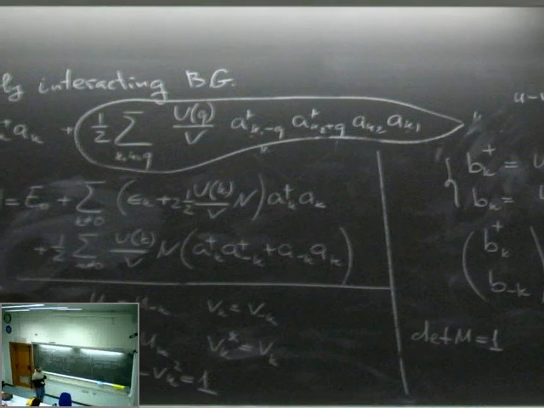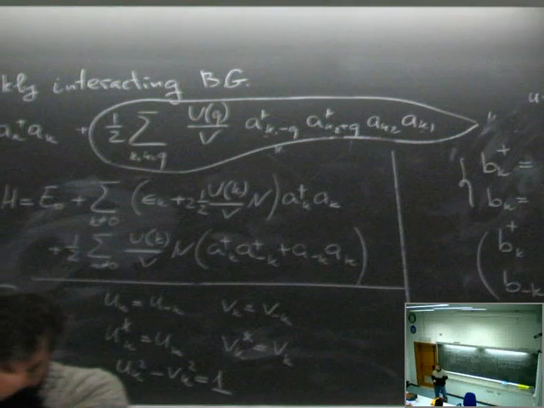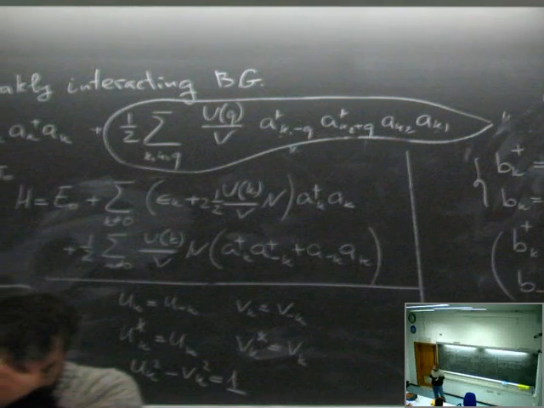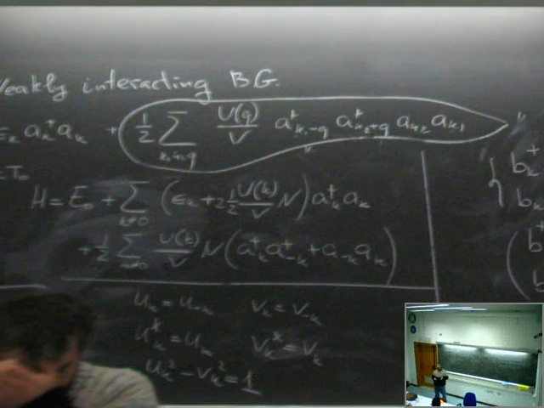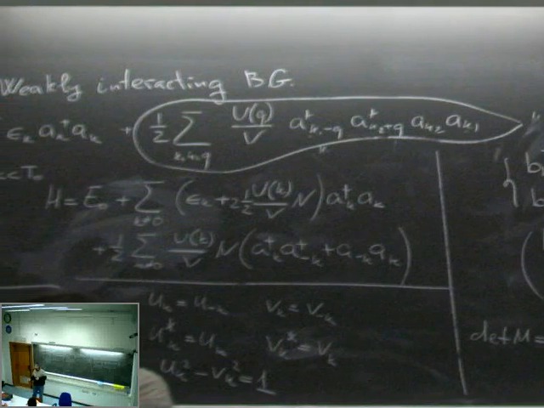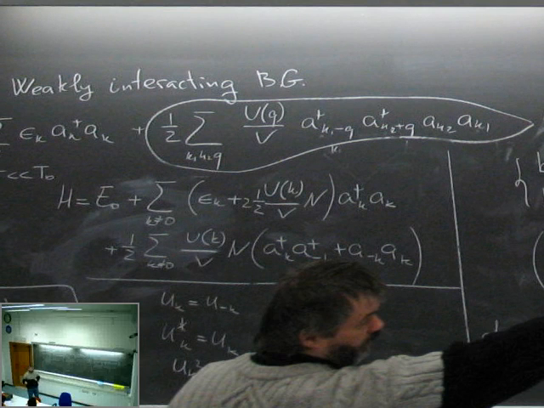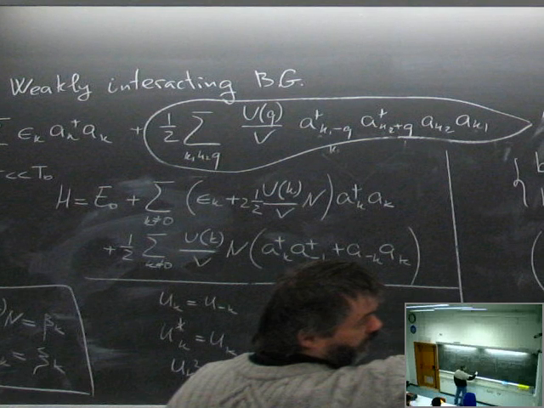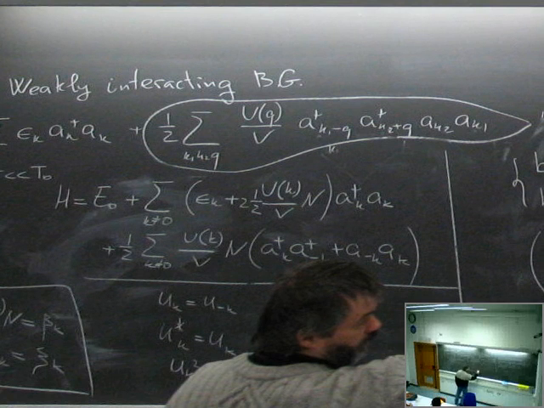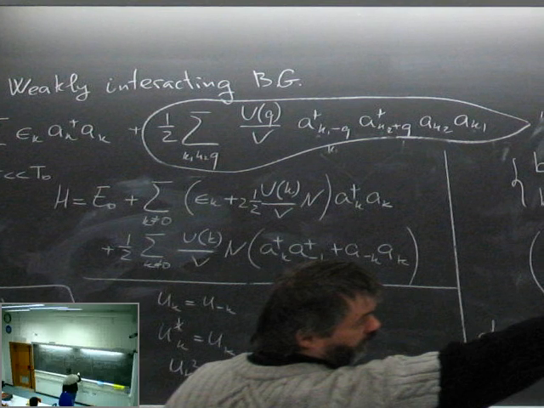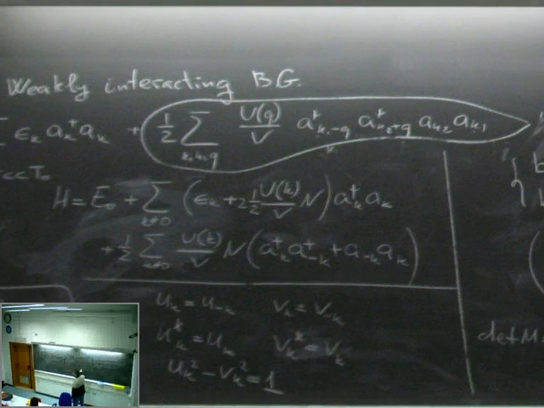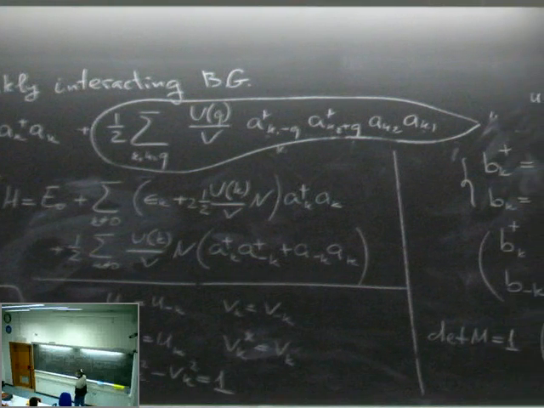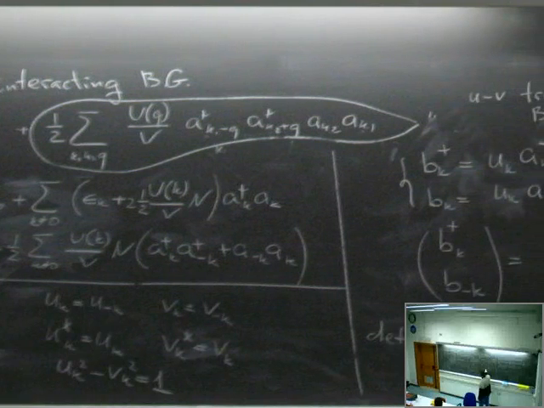Then I can immediately construct the inverse transformation, how my old variables are expressed in terms of new variables. In order to do it, I have to multiply by the inverse matrix. So (a_k dagger, a_minus_k) is equal to the inverse matrix, where I take a minor, divide by the determinant and take into account the sign.